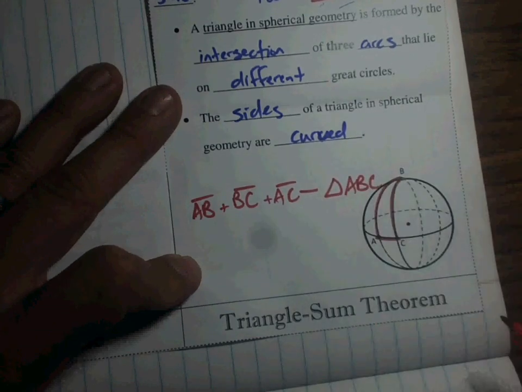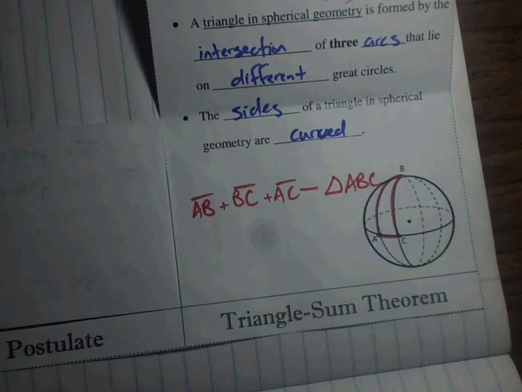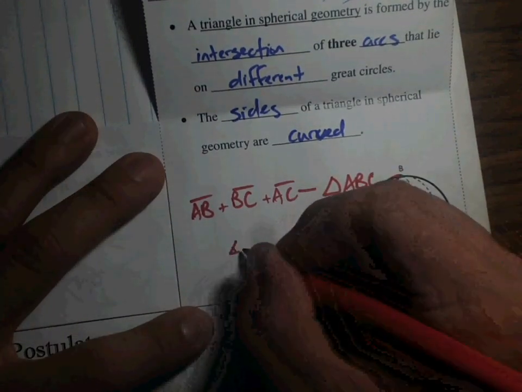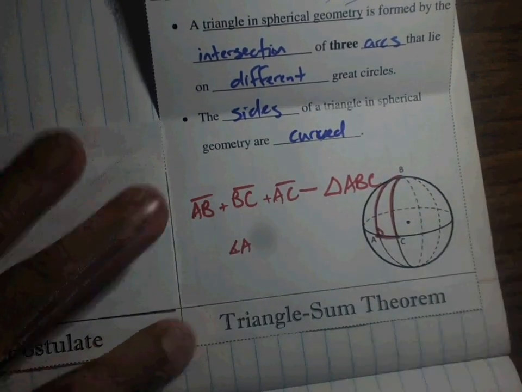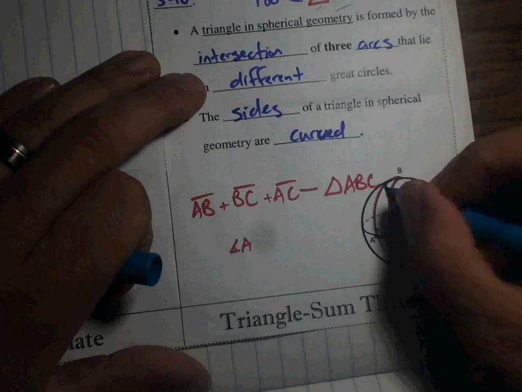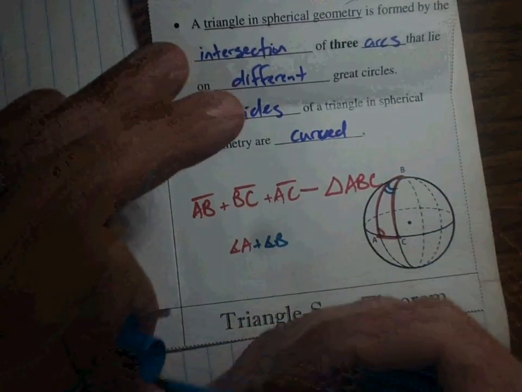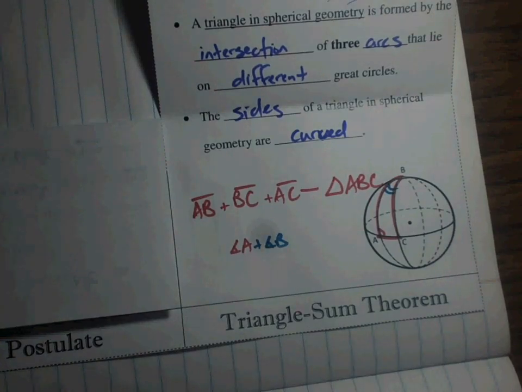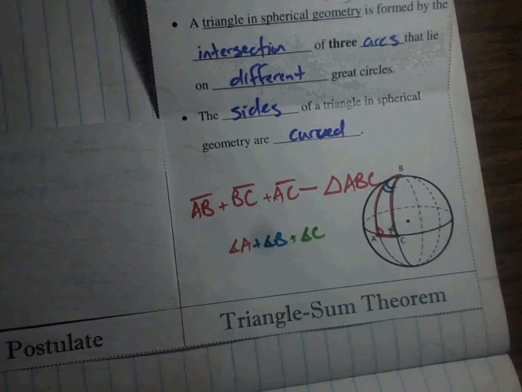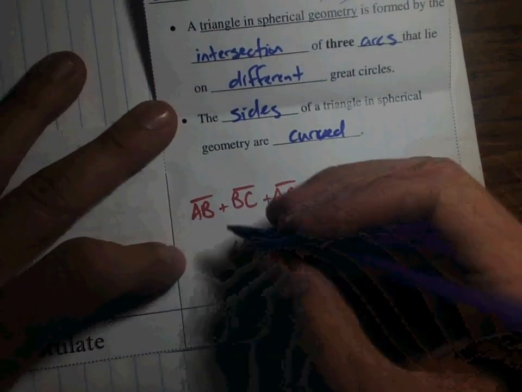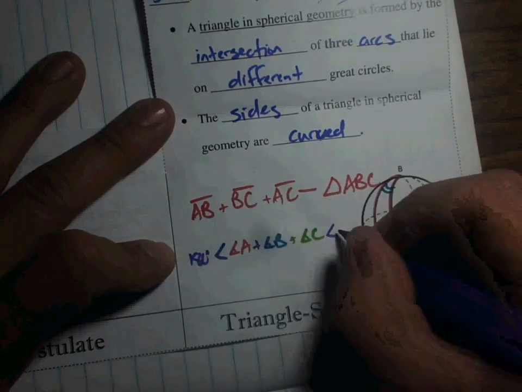So that means when you add up angle A plus angle B plus angle C, they have to be greater than 180 degrees and less than 540.